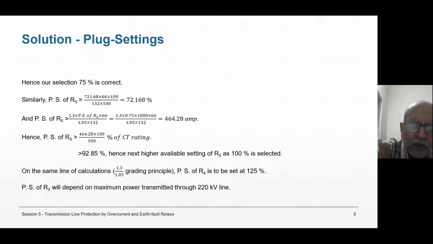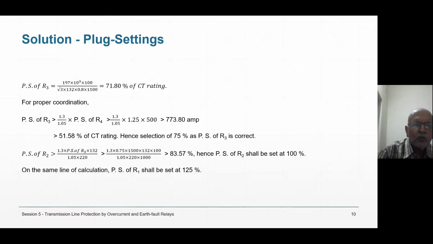On the same line of calculation, PS of R4, you can calculate, is 125%. PS of R3 will be dependent on the power flowing through the 220 kV line. Power flowing in the line is 197 megawatt, so it is 71.8. Therefore, I will consider 75%.